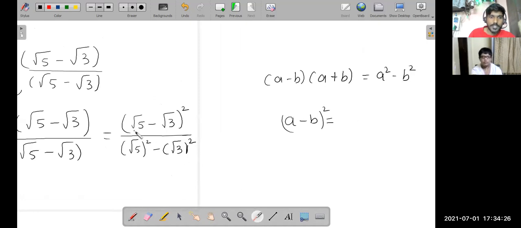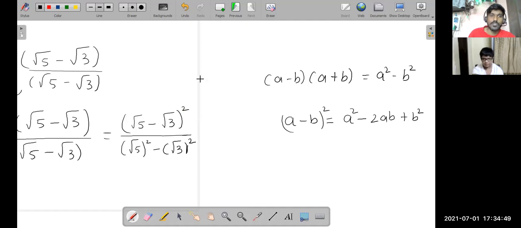Now in the numerator, it is of the form A minus B whole bracket square. So what is this formula? You told me before. A square minus 2ab plus B square. There is a minus sign in the middle now.